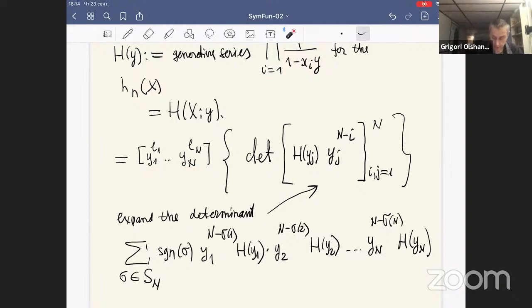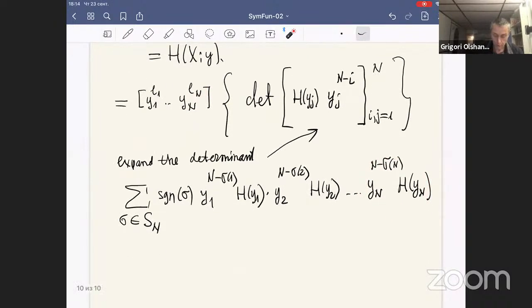But how to extract it? We have to get this variable from this term, and so on. This variable from this term. Okay?